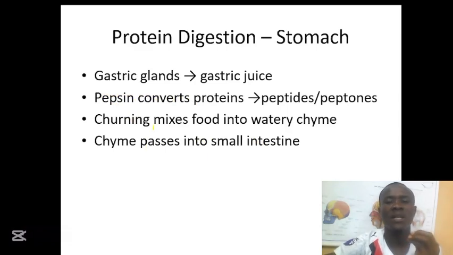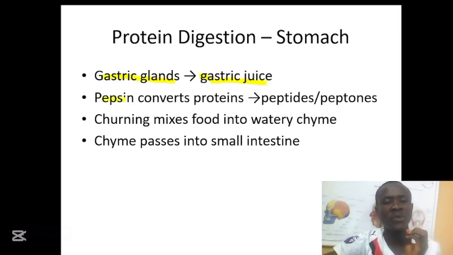In the stomach, the wall of the stomach has gastric glands. Those gastric glands produce what we call gastric juice. The gastric juice contains an inactive pepsin called pepsinogen, and it has hydrochloric acid. The hydrochloric acid will convert the inactive pepsinogen into pepsin.